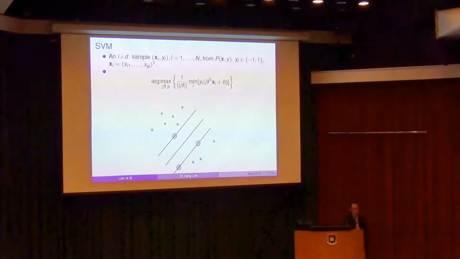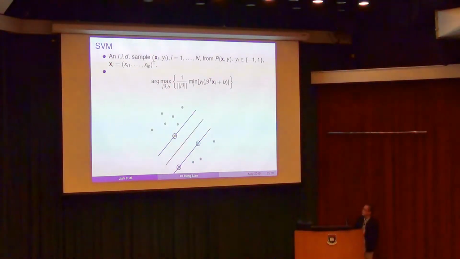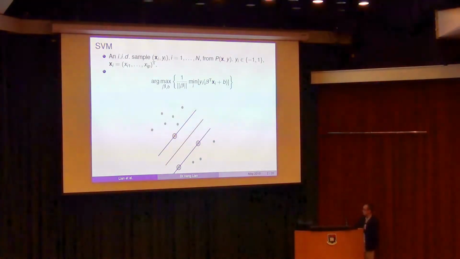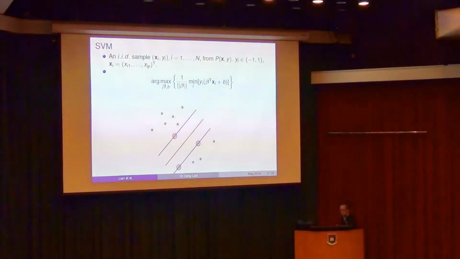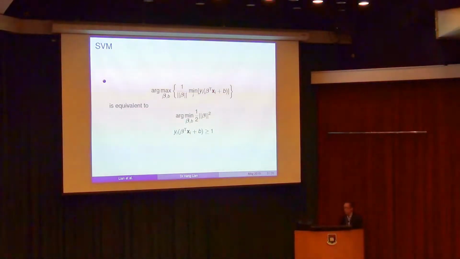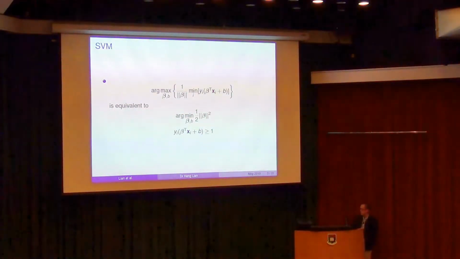a separating hyperplane we should use is the one such that the closest point to the hyperplane is the maximum. So in this figure, there are 3 points that are closest to this hyperplane, and we choose the hyperplane such that the distance of these points to the plane is the maximum. Mathematically, this is formulated as this.